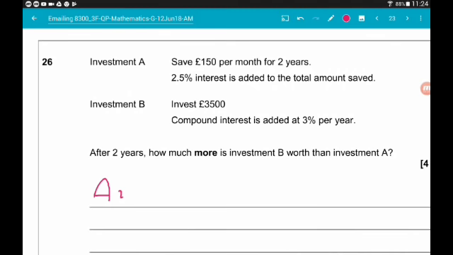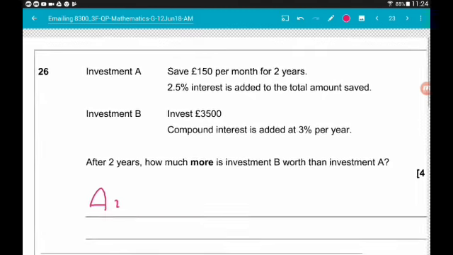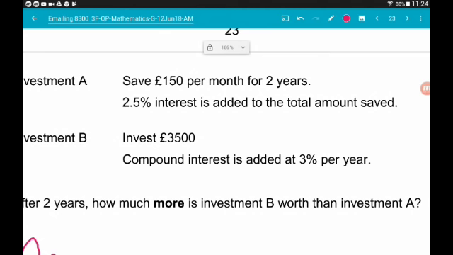So investment A, we're going to save £150 per month for 2 years, and then 2.5% interest is added to the amount saved.